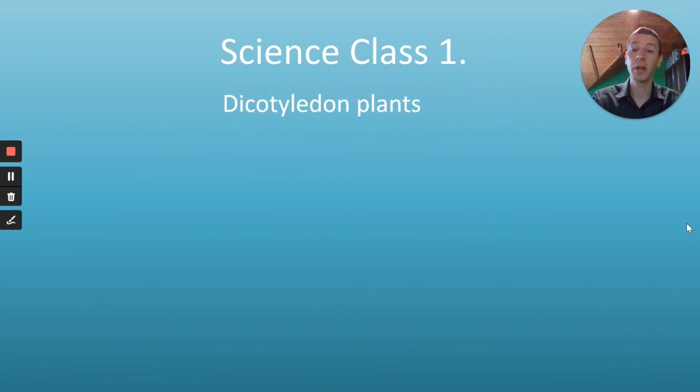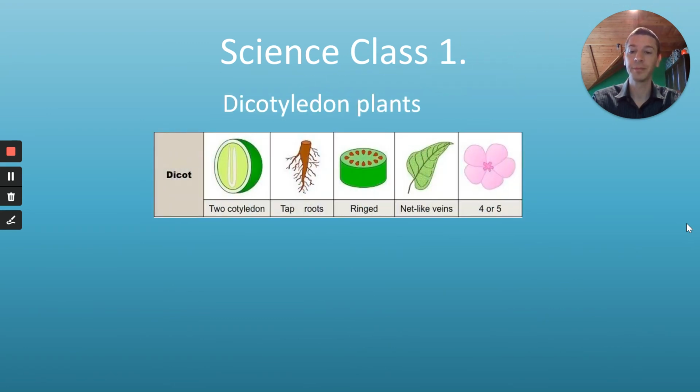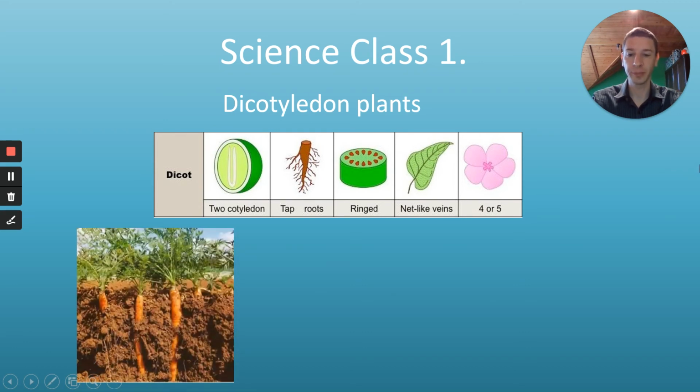Now let's look at the dicotyledon plants. You already know that the seed has 2 cotyledons. The roots, however, are different. We call them tap roots. That means there's one main root and tiny side roots.